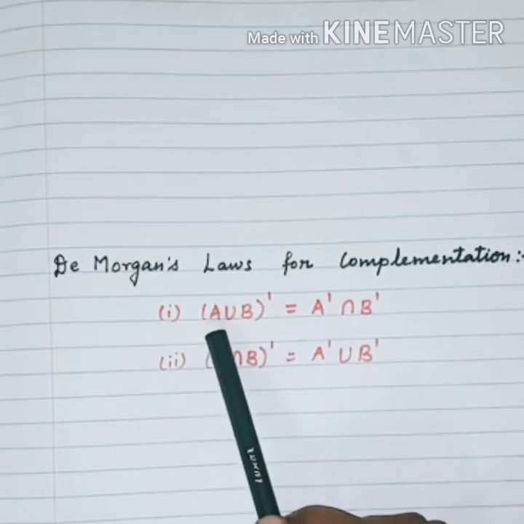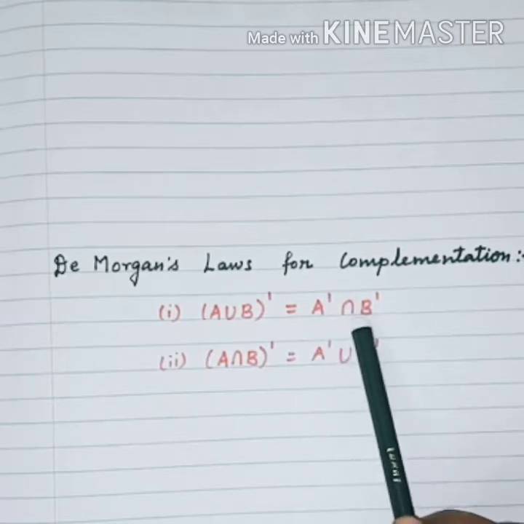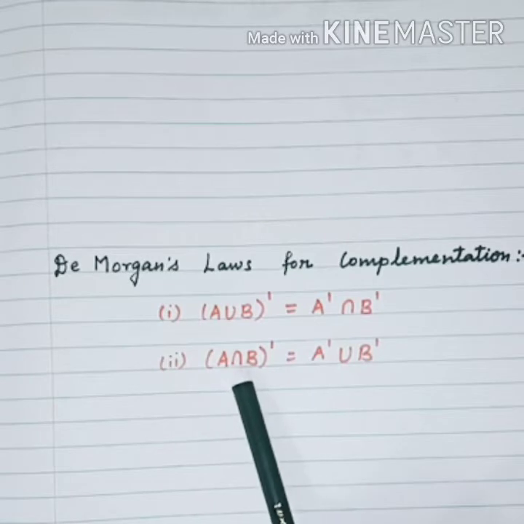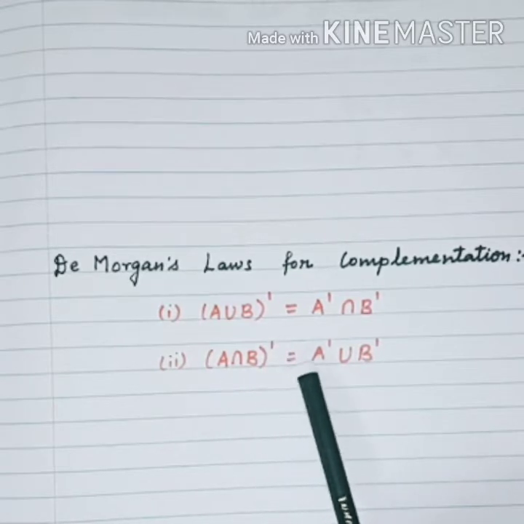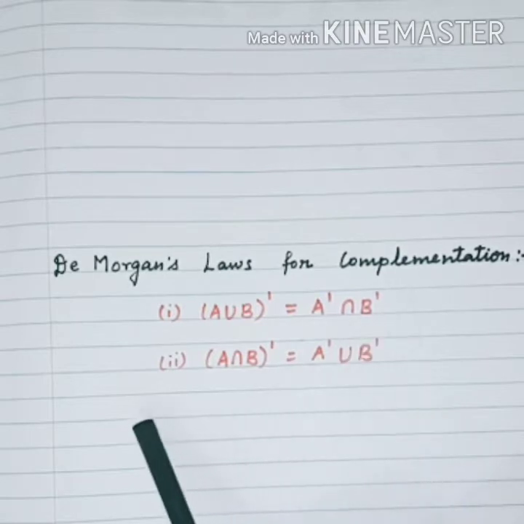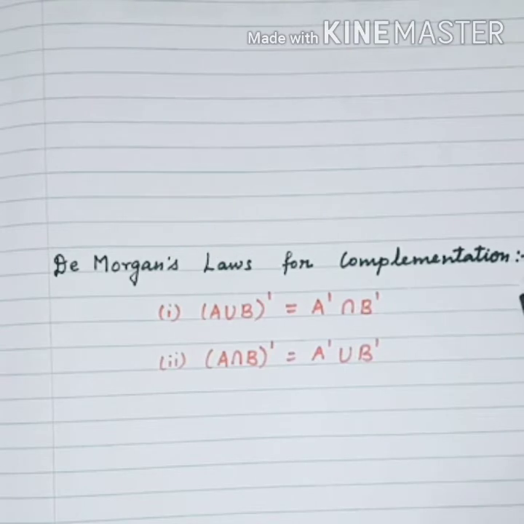So (A union B)' is equal to A' intersection B'. The second law is (A intersection B)' is equal to A' union B'. These two laws are called De Morgan's laws for complementation.